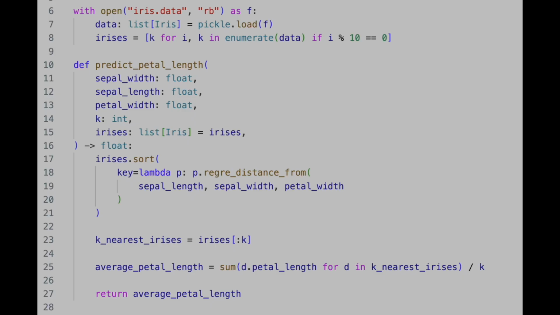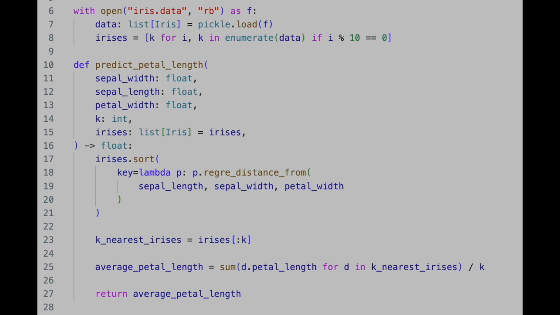I started by sorting the iris data based on a distance function that is designed for regression, and this function focuses on features such as sepal measurements and petal width, leaving out the petal length, which we are trying to predict. After sorting, we pick the first k nearest neighbors and then average their petal lengths to obtain our prediction for the new flower.